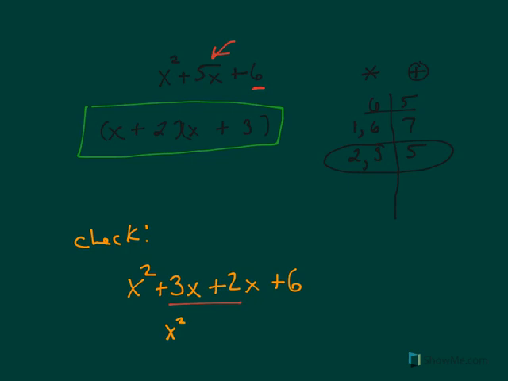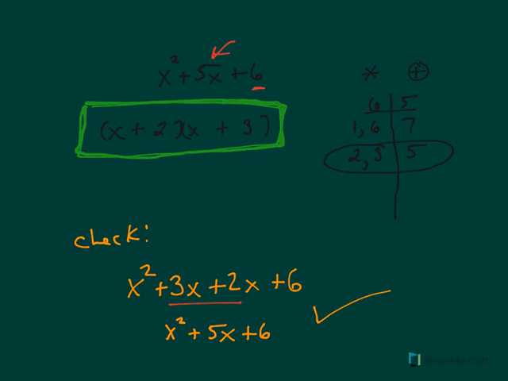So we get x squared plus the original 5x in the middle plus the 6. So that checks out. That should be a good factored form. So again, the answer we're looking for is this factored form that is right here. A binomial times a binomial that makes that original expression.